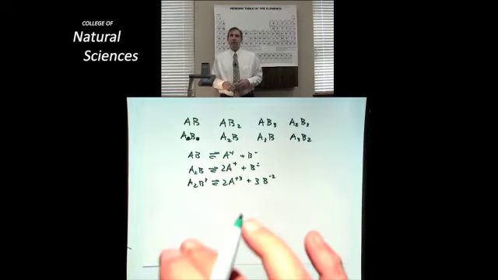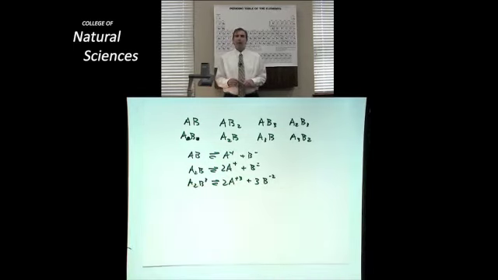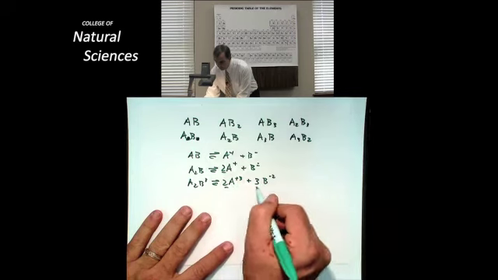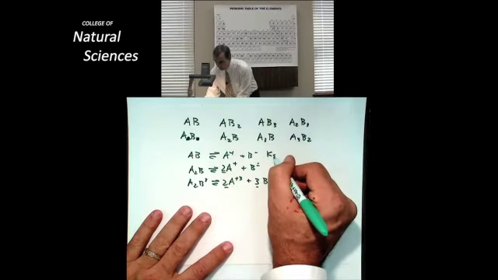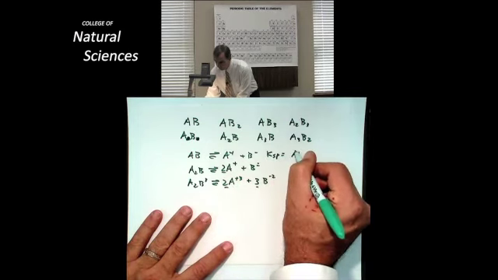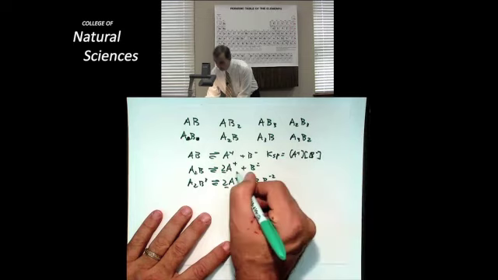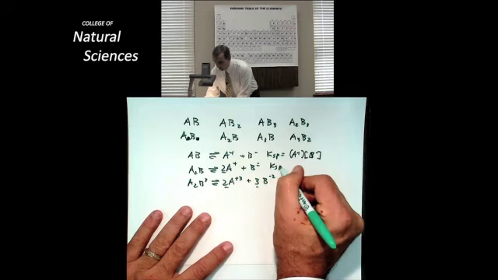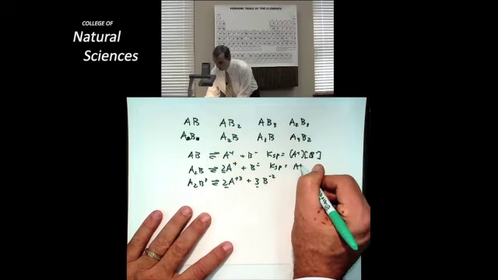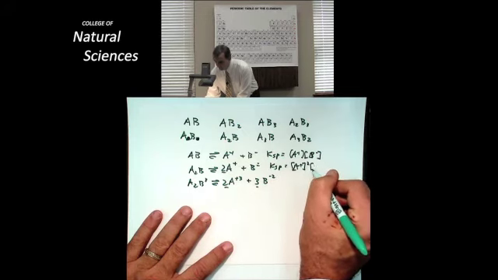Now that I have these expressions, I can write their K values down. I don't have to worry about the solids, but I have to worry about the coefficients. KSP for this is equal to A plus times B minus. In this case here, KSP is equal to A plus squared B double minus.